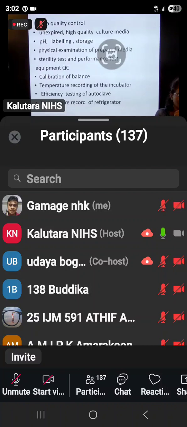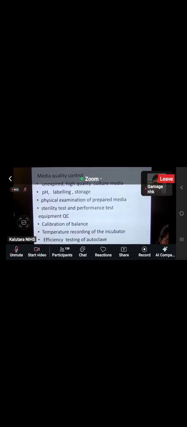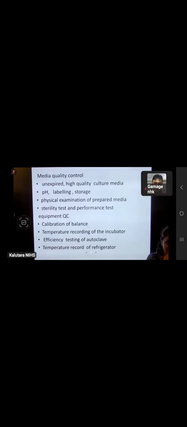And then you have to think about equipment quality control, because many equipments used in a microbiology laboratory may affect the quality. Therefore, how do you increase the quality? Calibration of balance, temperature recording of the incubator, efficiency testing of the autoclave.